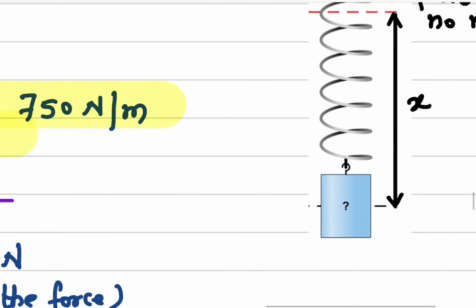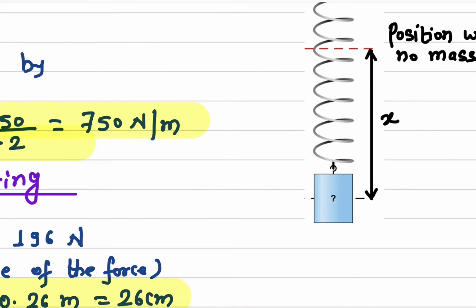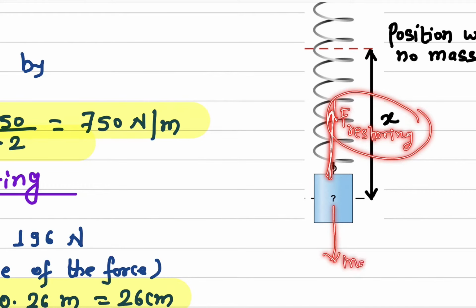Okay, so what is the negative sign here? Let me explain a little bit about the negative sign, although it is not relevant for this topic. There are two forces acting on this mass. One force is its weight, which is mg, and the spring tries to pull it back. So there is this force here, called the restoring force, or the force by the spring. That's the restoring force, which is opposite to the applied force.